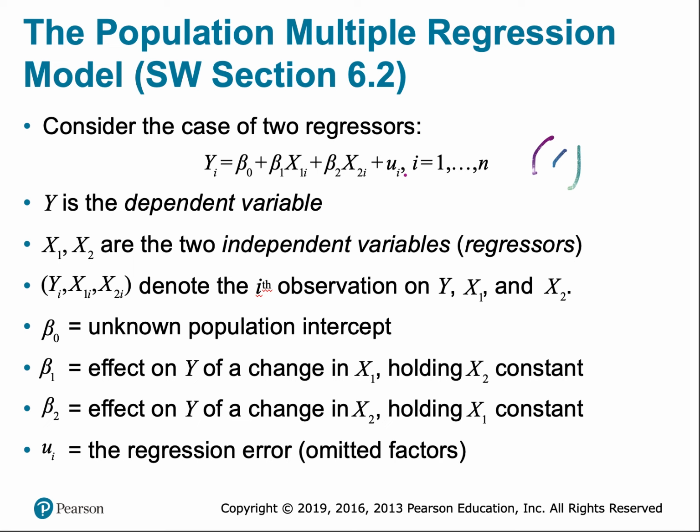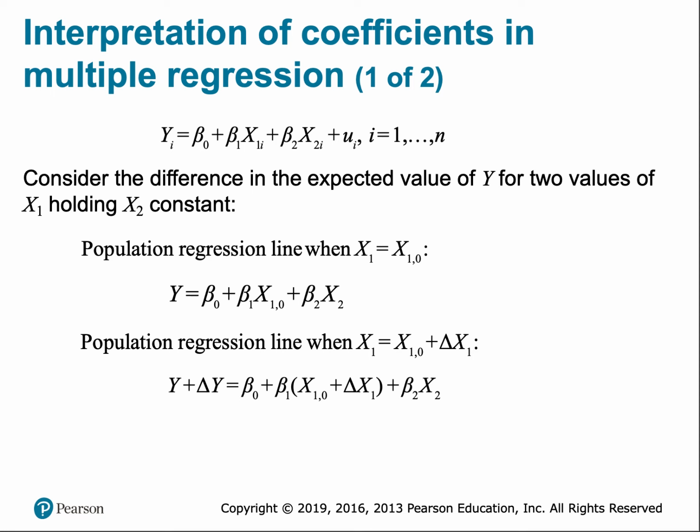We're going to talk about using ordinary least squares to estimate these unknown population coefficients in the next video. In this video, we want to focus on the interpretation of these coefficients in multiple regression.